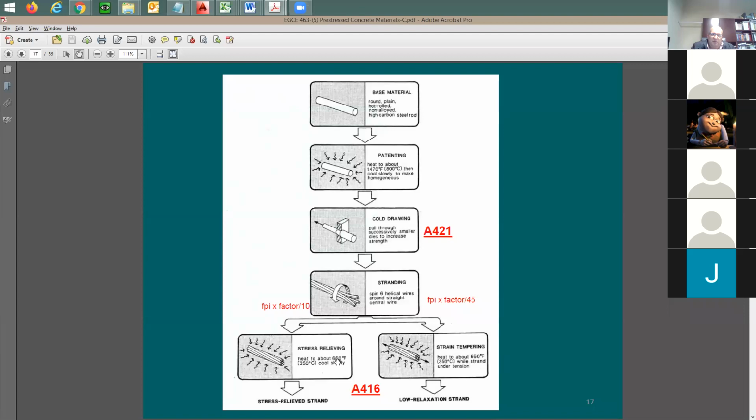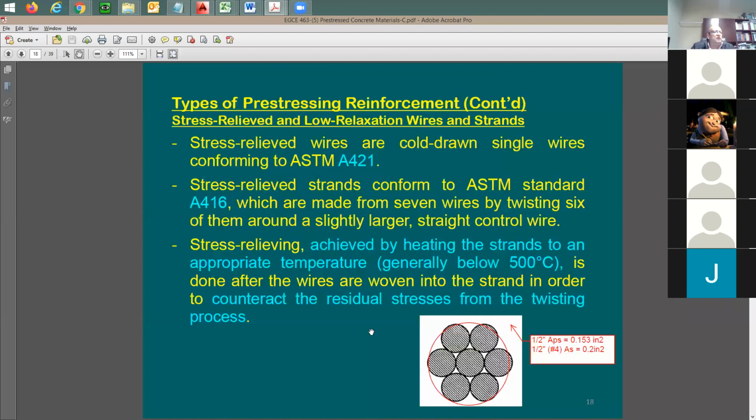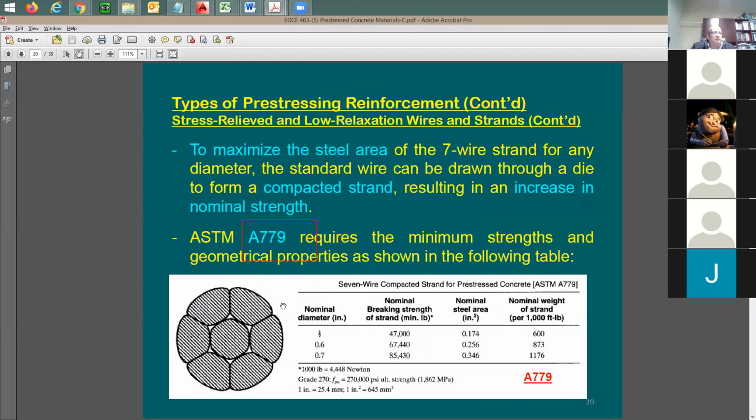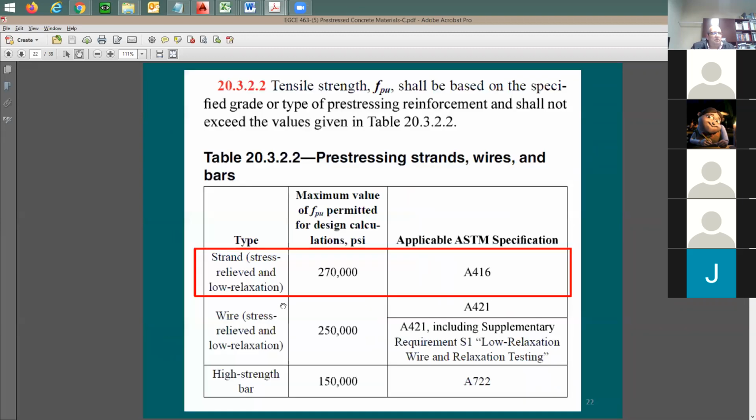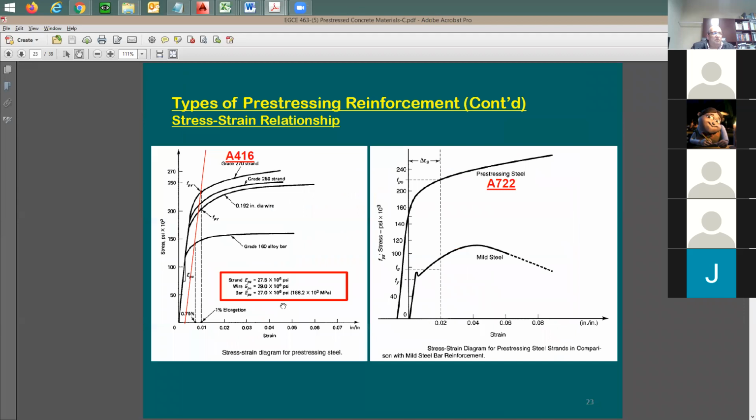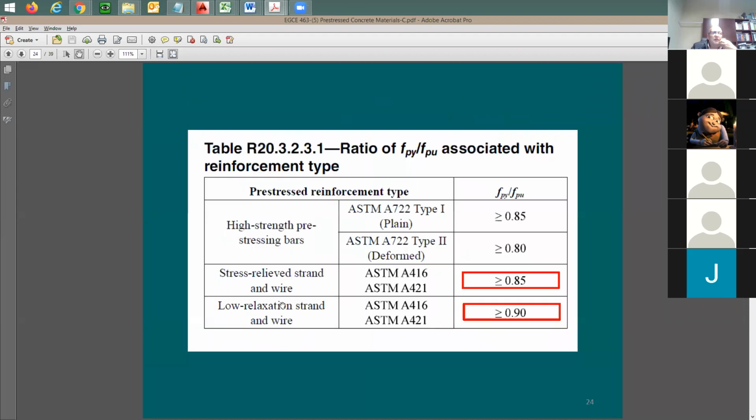A416, the stress relief loses more. Loses more, okay. And you know this by comparing these two values, right?